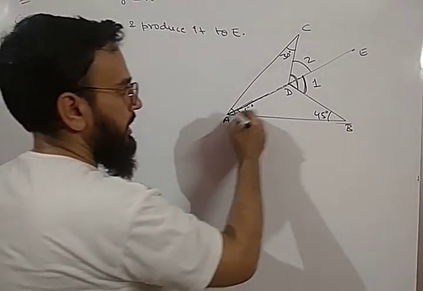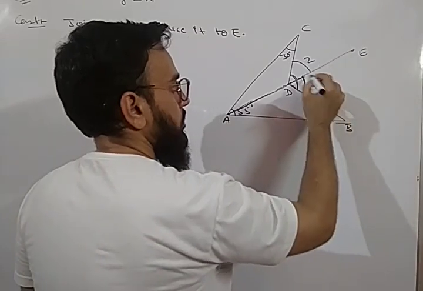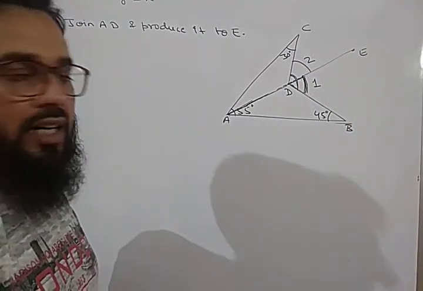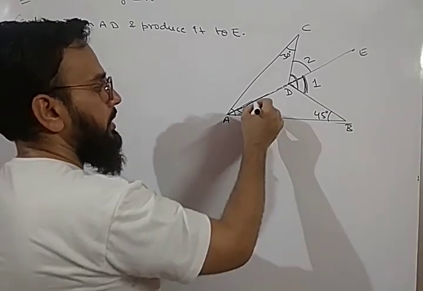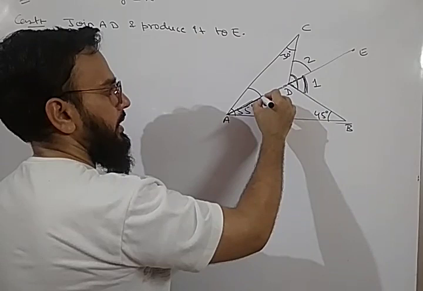In triangle ADB, this line is extended to E, so angle 1 will be the exterior angle of triangle ADB. And we know the exterior angle property. Let us consider this angle as angle 3 and this angle as angle 4.